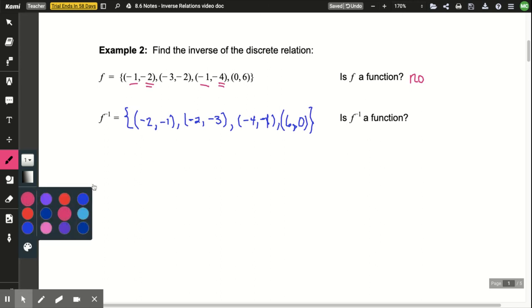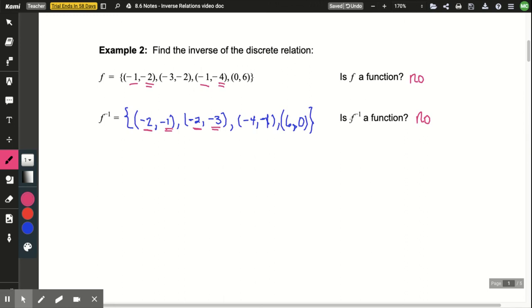My first x value is a -2. It's assigned a y value of -1. If I look to see if there are any more x values of -2, I find that there's another one here, and it's assigned a y value of -3, which is different from this one. So once again, I've got a single x value, -2, that's assigned to two different y values. That makes this one not a function.